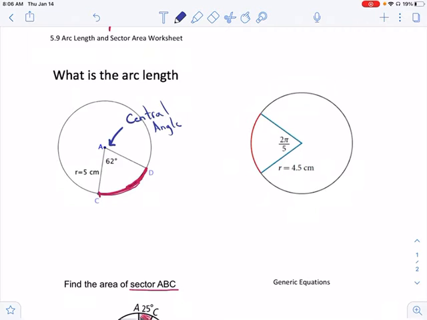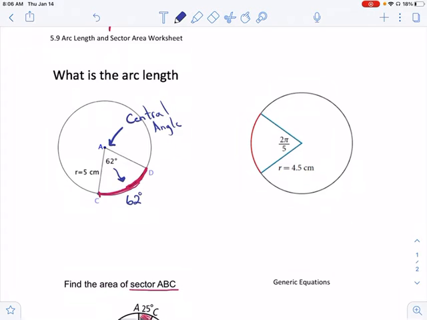And one thing that's important about that is, one way to measure this arc CD is to say that this is also 62 degrees. We can measure arcs in two different ways. One is in a distance measure, so the distance along the path from C to D, and then the other is in a degree measurement. So as a degree measurement, we could say that arc CD is 62 degrees as well.